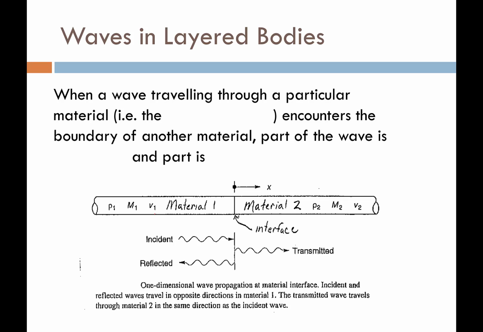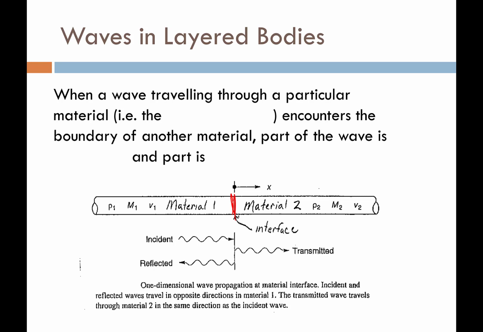But then somewhere along the rod there's a transition, and it changes to material number 2. And it has totally different dynamic properties. And so if we have this wave that's traveling from left to right, what is going to happen when that wave reaches this interface, and what type of waves are we going to expect?